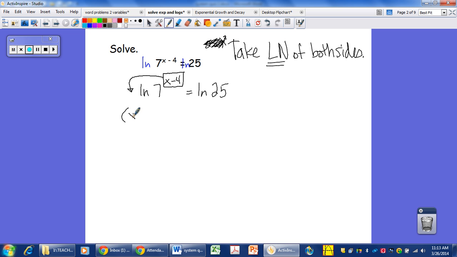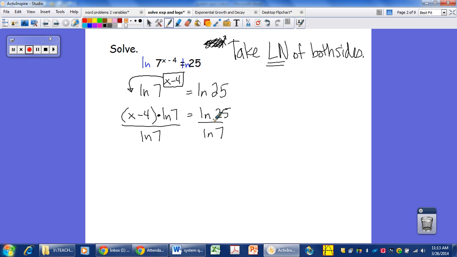So x minus 4 times the natural log of 7 will now equal the natural log of 25. So we have taken the variable out of the exponent, and now it's in a nice multiplication. So we solve multiplication by dividing, so we'll divide both sides by the natural log of 7.